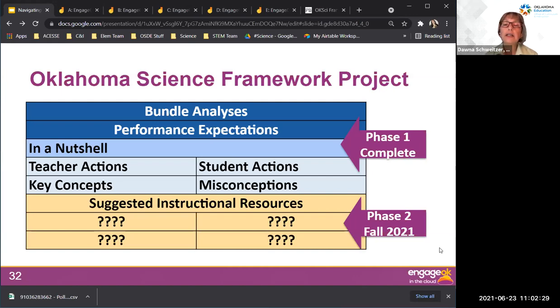And then we have in a nutshell that gives you an overview. Teacher actions are brand new for the first time, student actions, and then the key concepts which come from the national frameworks, along with some misconceptions that teachers may want to think about, ponder, and address with students.